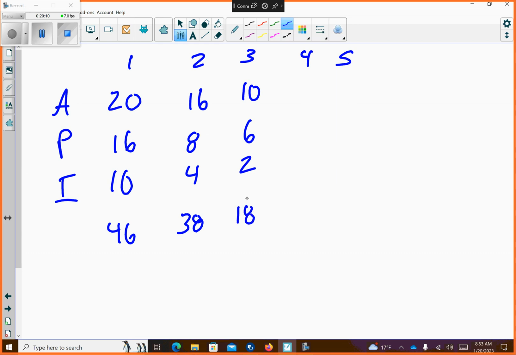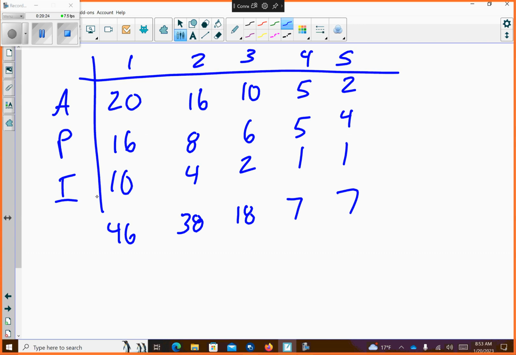I have 5, 5, 1 with a 7. And I have 2, 4, 1 with 7. The totals are over here, so the category totals. And in the totals, I have 53 over here, 39, 18. The total of everything is 110. That works.